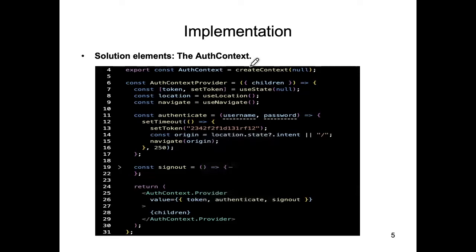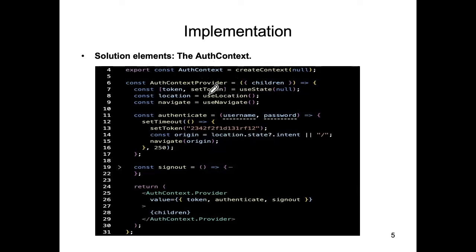Here I'm just declaring my empty context. Here's my context provider, if you can remember from the last slide. This is the component that's going to manage the context. Here is my state variable that's going to hold the token, and I'm initializing it to null. So I'm deciding if the token is null, that means nobody is logged in.